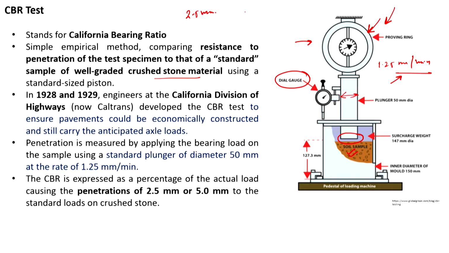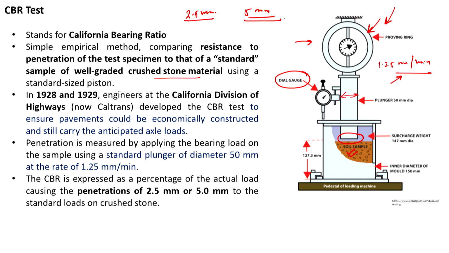Now, to define the CBR, as the name suggests, it is a ratio. So, CBR is expressed as a percentage of the actual load causing the penetration of 2.5 mm and 5 mm to the standard loads on crushed stone. So, the California division already tested some standard crushed stone. For those stones, they have noted down the particular load, or you can say the particular pressure, at the penetration of 2.5 mm and 5 mm.